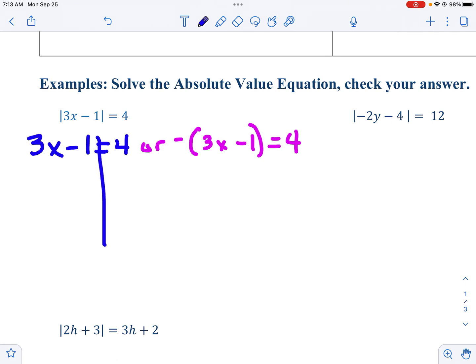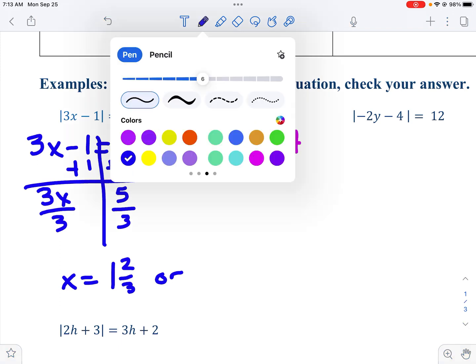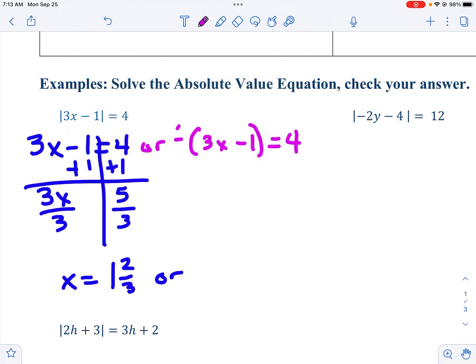So again, it's just a regular two-step when we get to this point. We're going to add 1 to both sides. We're going to divide by 3, and we get x is equal to 1 2/3. Or, let me change back to pink. We're going to multiply by, remember if they don't tell you, that's a negative 1 out front, so that is now negative 3x.